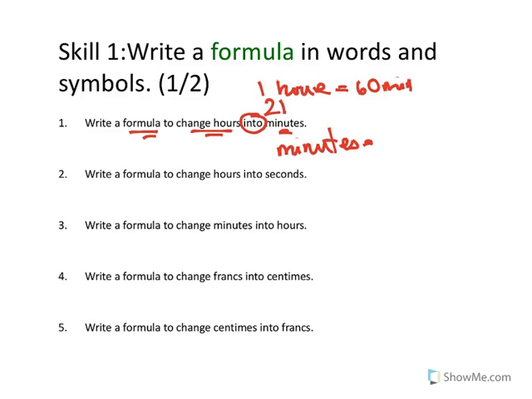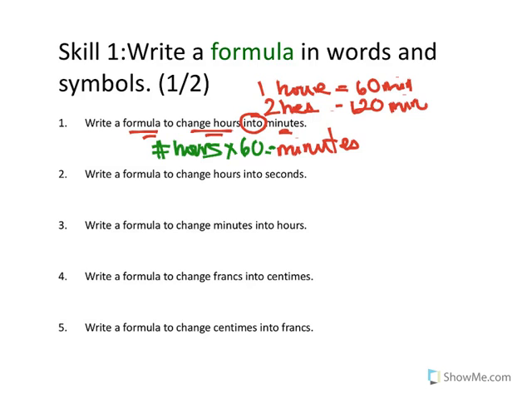If we have 2 hours, we know it's 120 minutes. So what we have to do is multiply the number of hours times 60 to make our minutes.